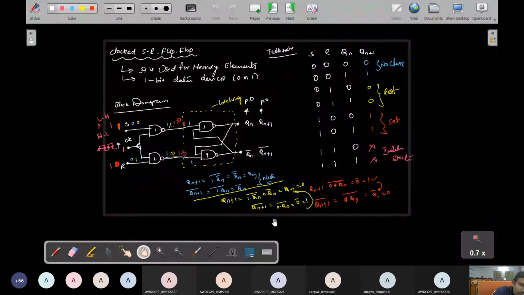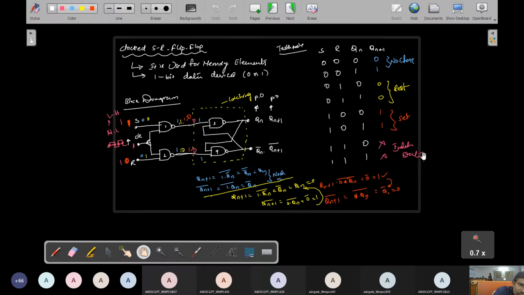But actually in this universe the general port and its complementary port are never equal. So for that reason these two states cannot explain the present output. So if you take S equal to 1 and R equal to 1, at that condition the output of the present state of this SR flip flop cannot be determined. So this is called the indeterminate state.